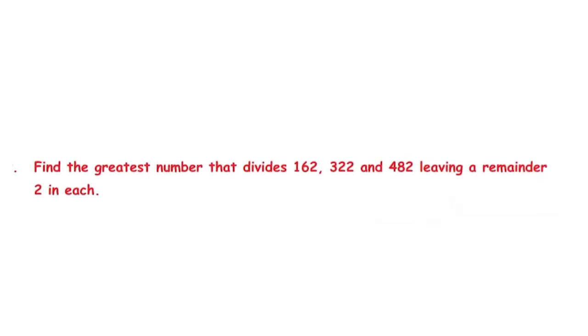Look at this question. Find the greatest number that divides 162, 322 and 482, leaving a remainder 2 in each. Find the greatest number that divides. So we know this is an HCF problem.